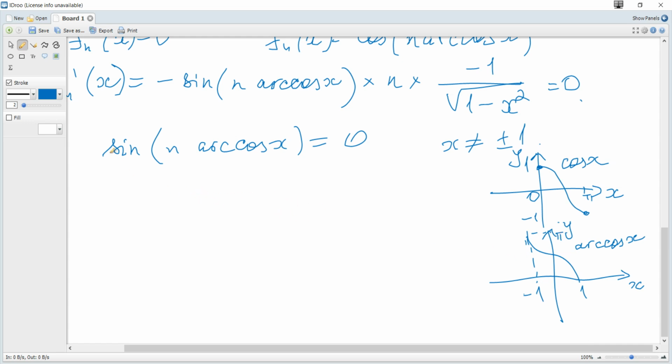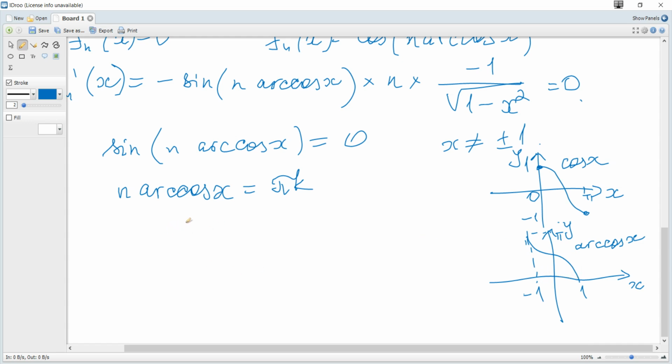And we can see that sine is equal to 0 from a unit circle. We know that sine is equal to 0 when the argument is pi k, where k in general is any integer. So n arc cosine is pi k. In general, k is any integer, but since n is a positive integer, arc cosine is also positive.